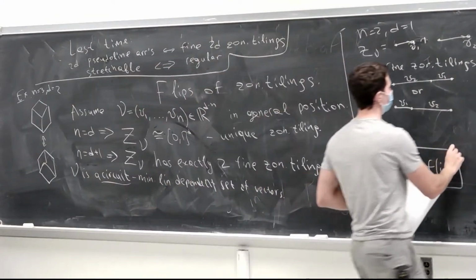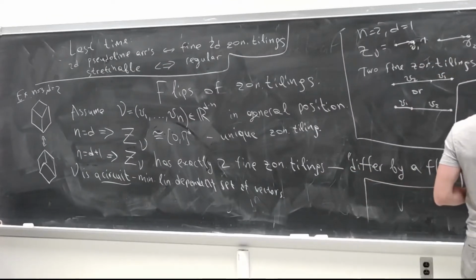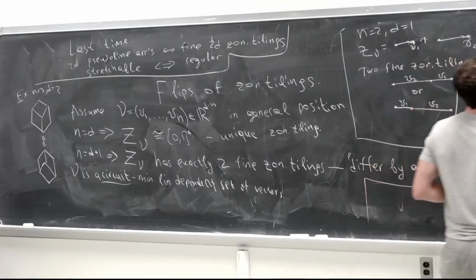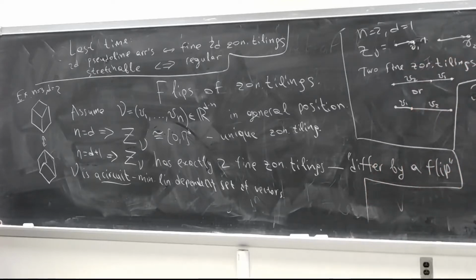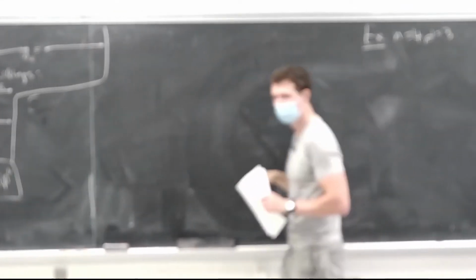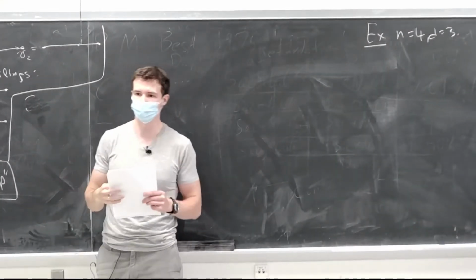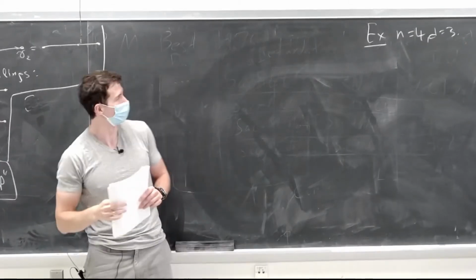All right, how about another example, n equals 4 and d equals 3. Remember, I drew all these three-dimensional pictures for flips of triangulations.